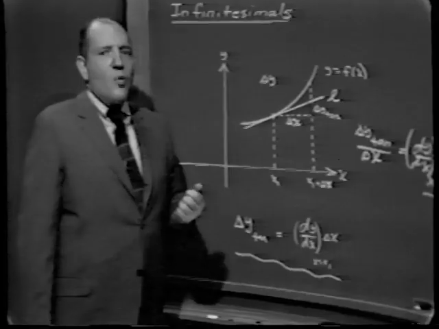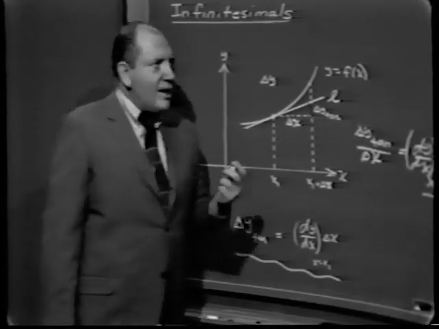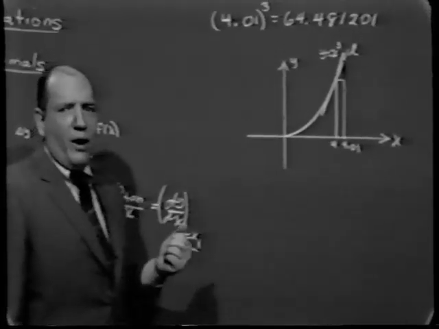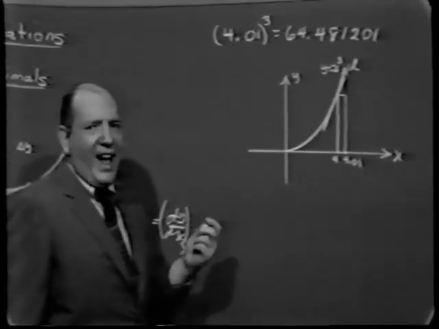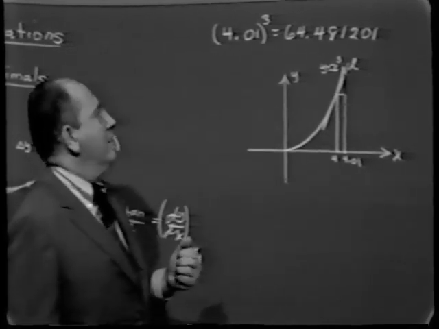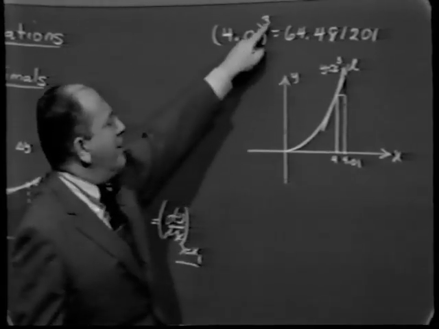Now let's see what this means in terms of a specific example. I've taken the liberty of computing the cube of 4.01 in advance. It turns out to be 64.481201. And it's sort of arbitrary that I picked cubing this.